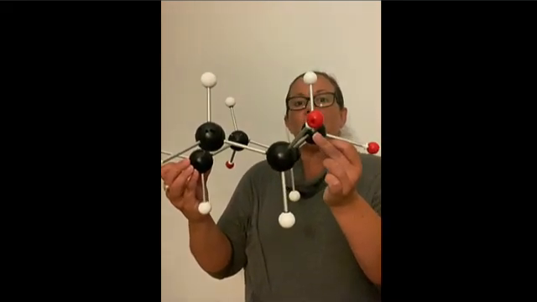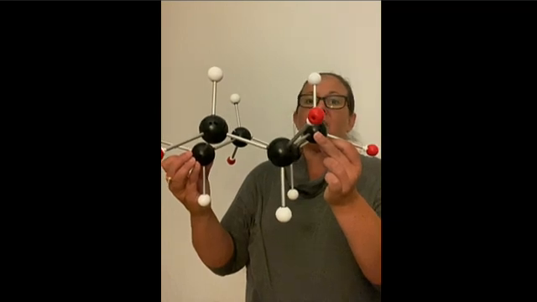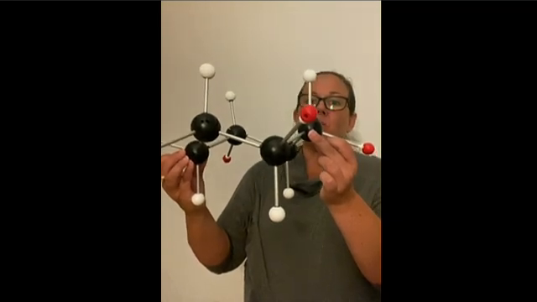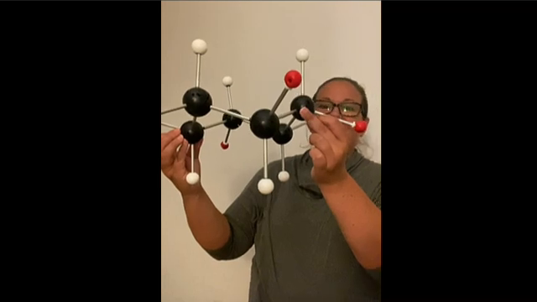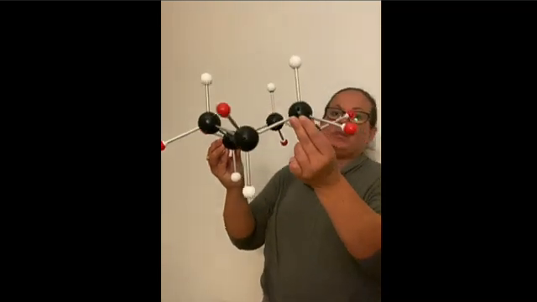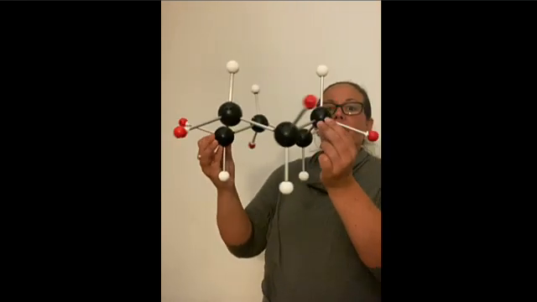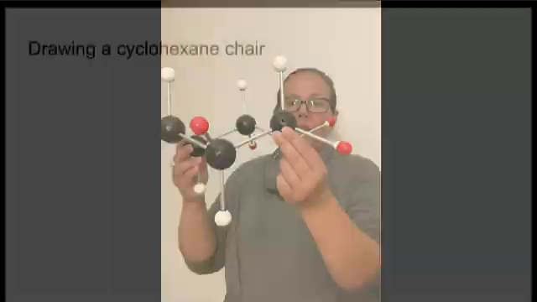And so what you're going to notice is that all of the axial positions are now bonds going to white colored atoms, and all of the equatorial positions are all red. So we're going to draw that as well.